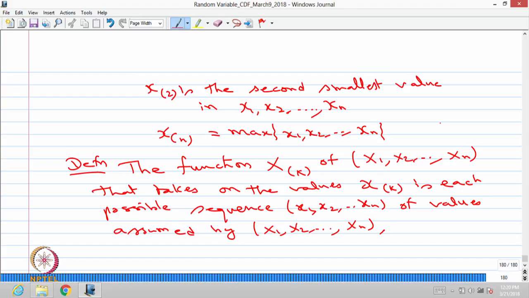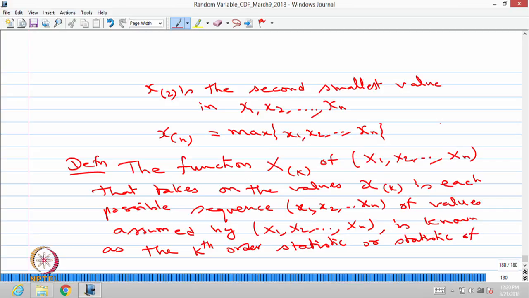That function, capital X bracket k, is known as the kth order statistic, or statistic of kth order, statistic of order k.